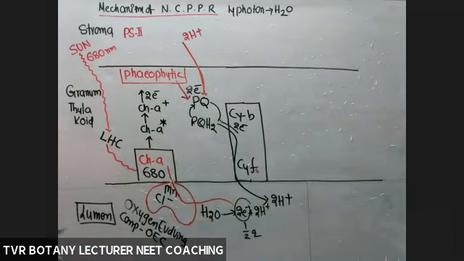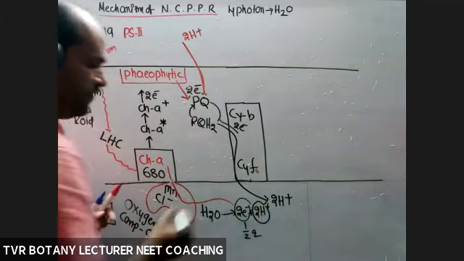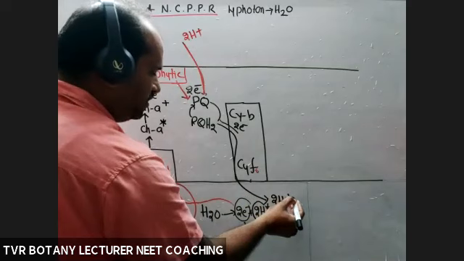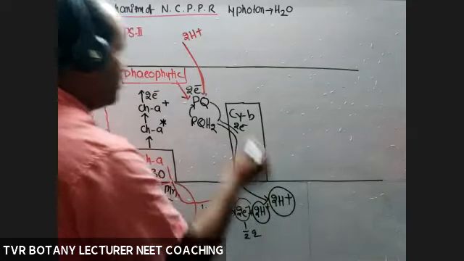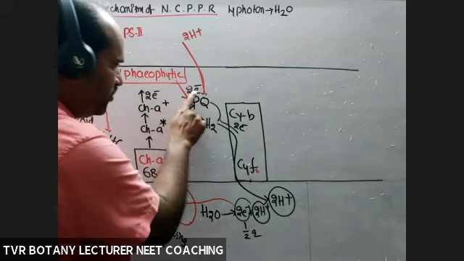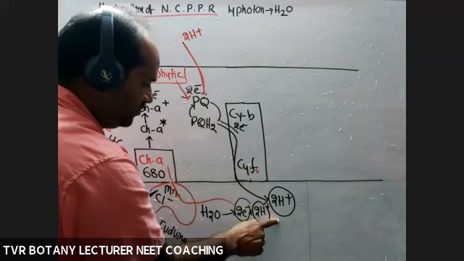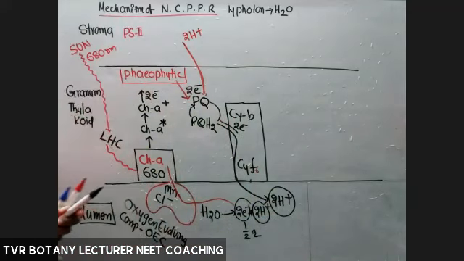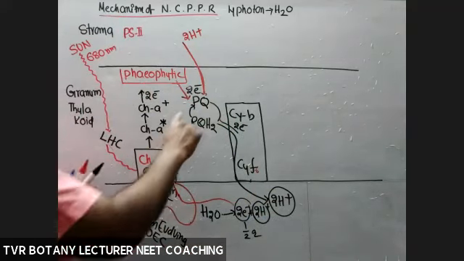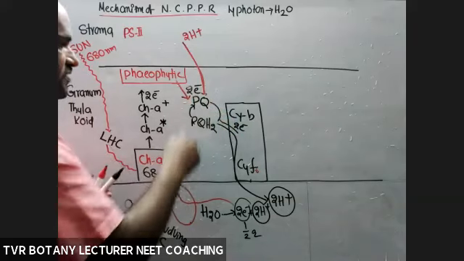So far, what about the total number of H plus accumulated? 2 H plus coming from the water molecule, and 2 H plus withdrawn from the stroma. While transporting one electron to this one, how many H plus are added to the lumen? 1. Okay, so this is called the quinone cycle.